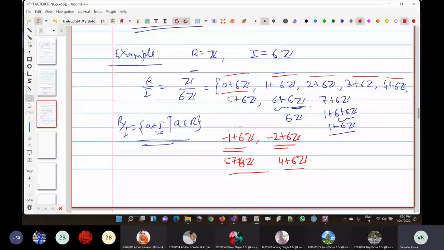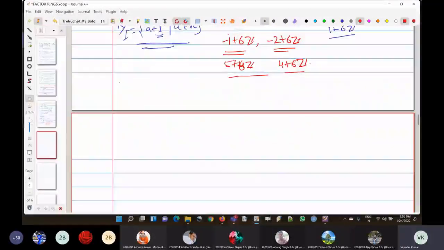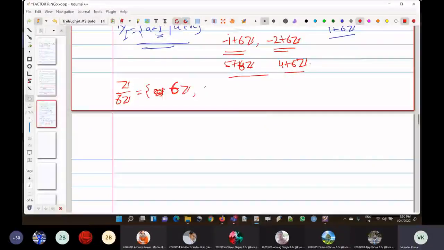You need to see the complement in that case. So exactly there will be 6 elements, and those 6 elements are very much clear. Here Z by 6z is going to give us 6z, 1 plus 6z.